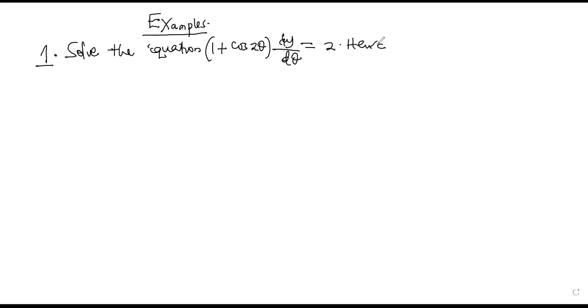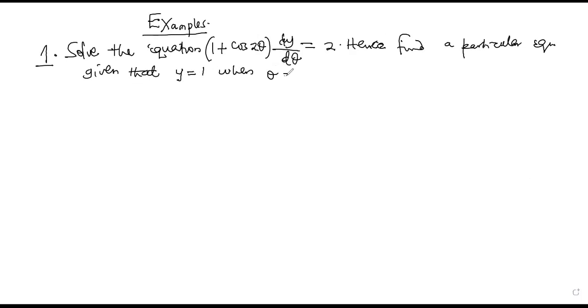Hence find a particular equation given that y is 1 when theta is a quarter pi.